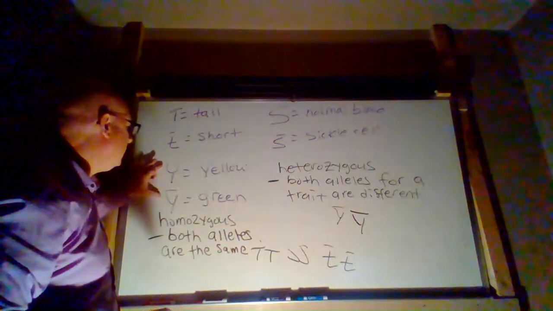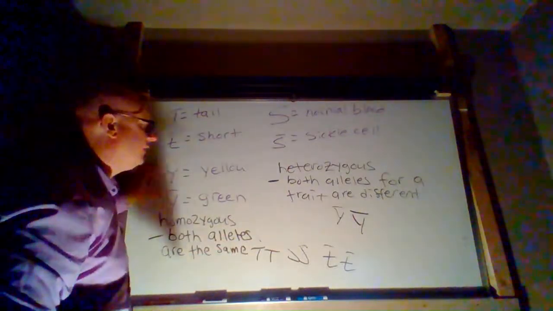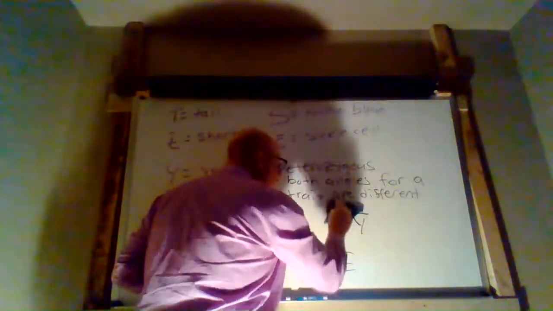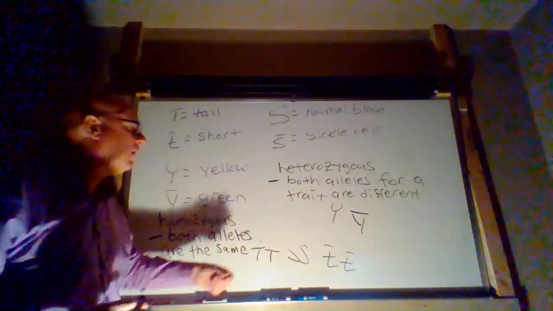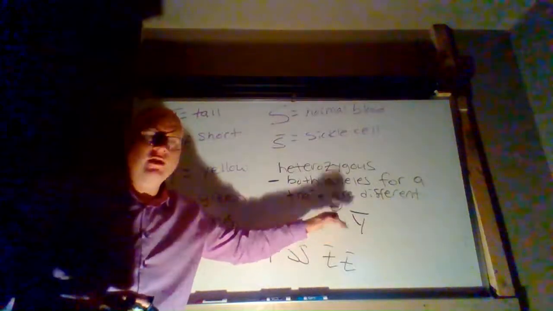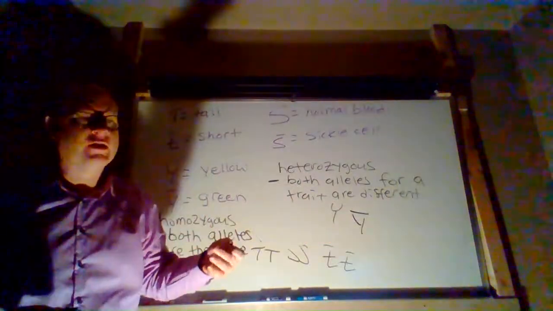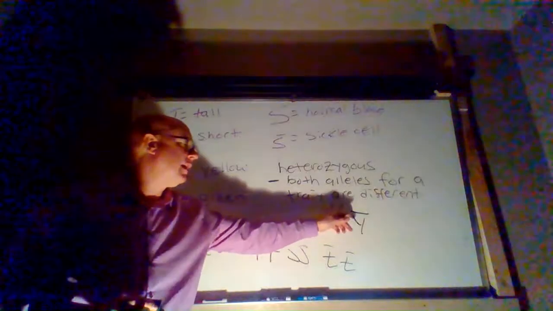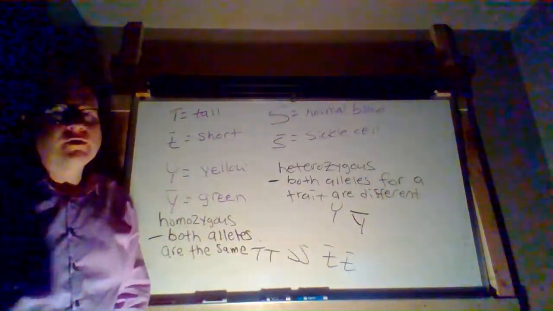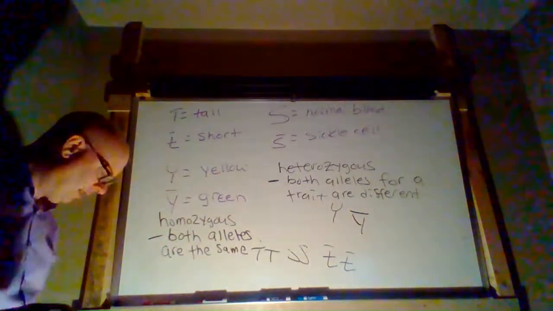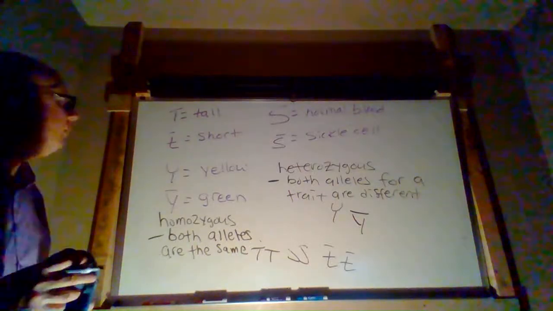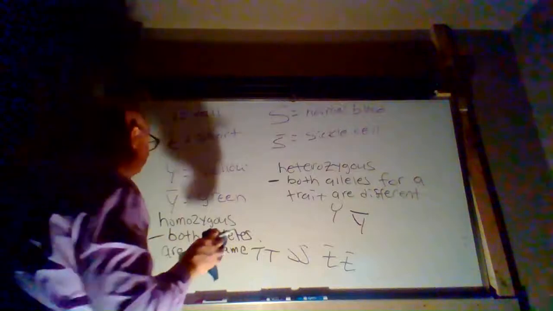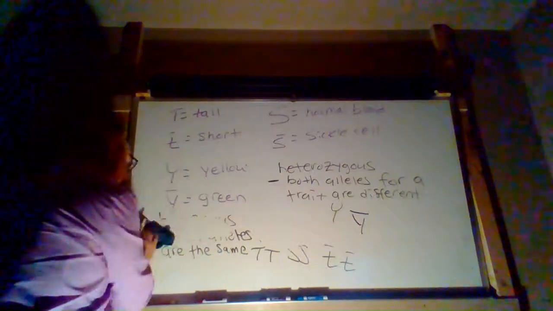So for this trait of pea plant color, if it's heterozygous, you have to have one capital and one lowercase. That's why I think it's kind of significant, or will help you out in the long run, if you put that little line over the top. And we went through that really quick, but again, I think the more exposure that you have in this, the better off we'll be.